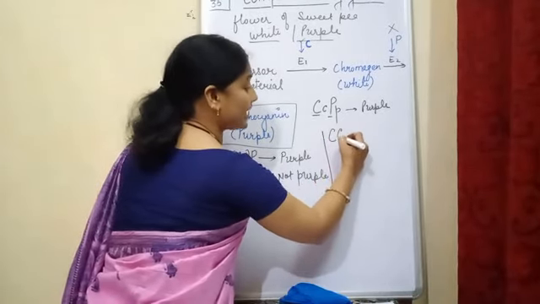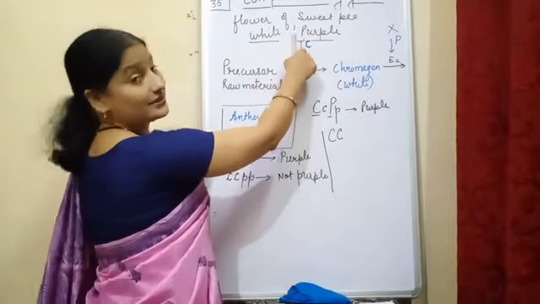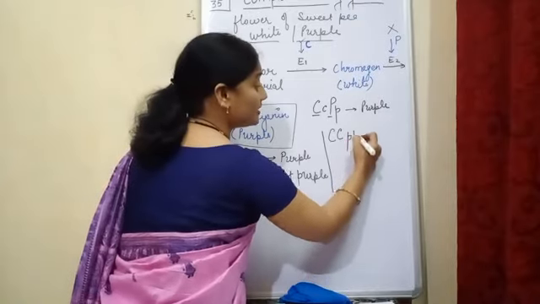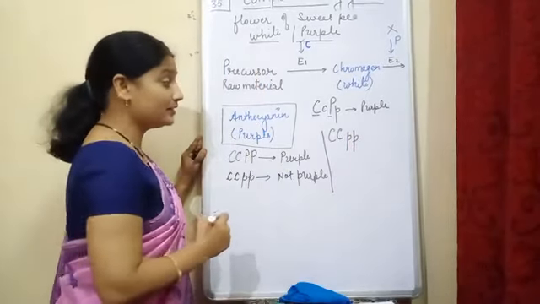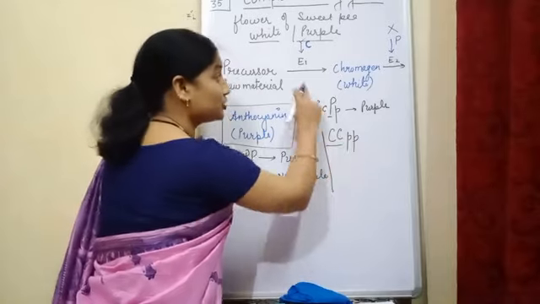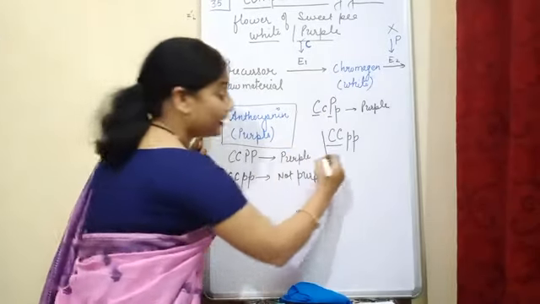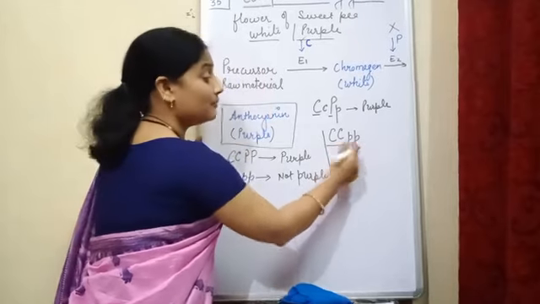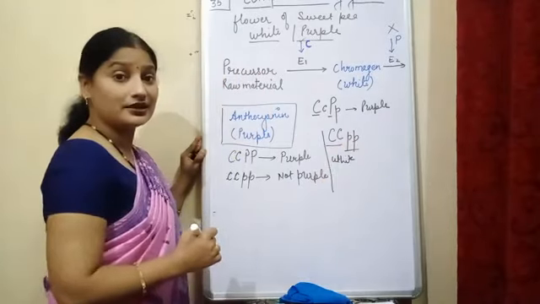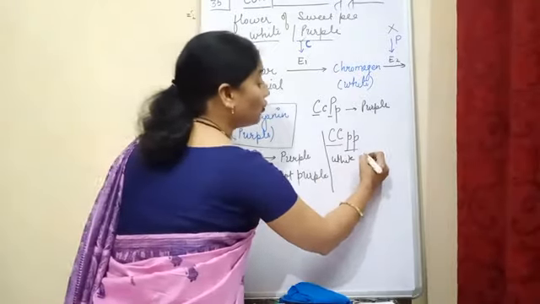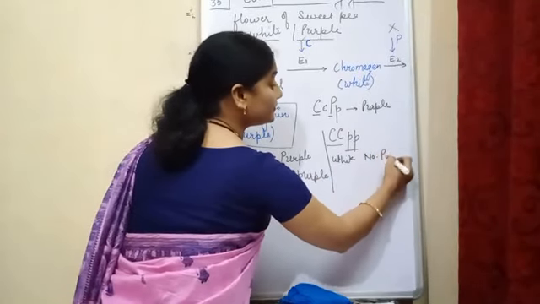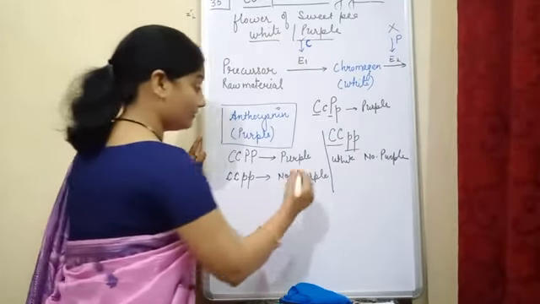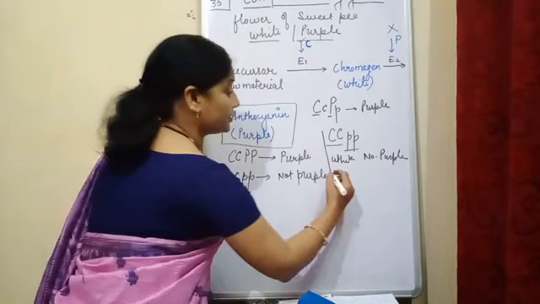Now see the next one. Suppose this is capital C, this one is in the dominant condition, and this one is in the recessive condition. Now what will be the result? There will be the formation of chromogen. There is the formation of white flower. But because P is in the recessive condition, there will be no purple. Clear? Now see, once again, one more situation.